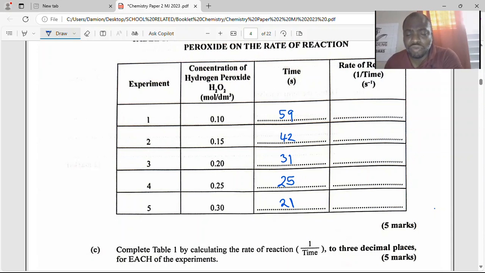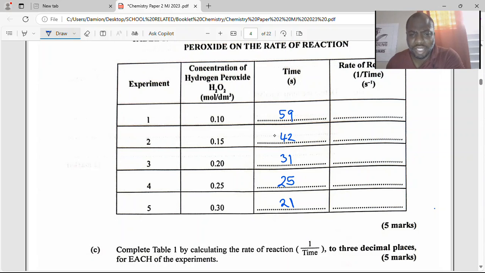Now you have two ways in which we can quantify concentration. We can go moles concentration or mass concentration. So if it is moles concentration, what this is saying, 0.10 moles of hydrogen peroxide is in 1 dm cube or 1000 centimeter cube, right?